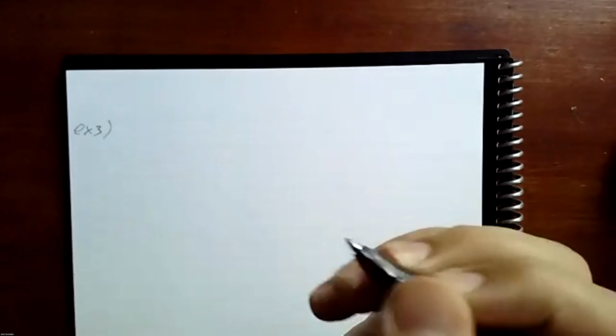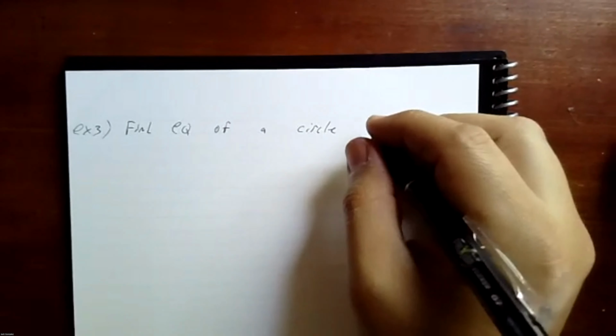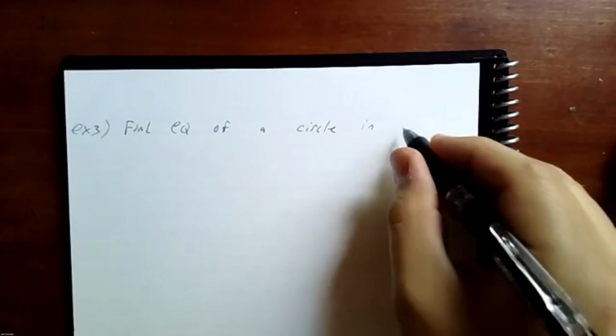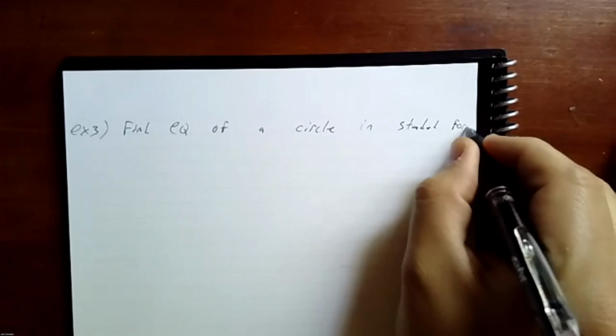Okay, example 3. All right, so they're giving me a center, so same instructions: find the equation of a circle in standard form. Also, in the recording, you should see the background that I was sharing either way.